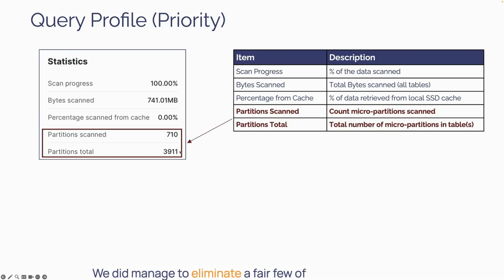We did manage to eliminate a fair few of those, and these are priority statistics. This will give you a really good indicator of how much I/O the query is doing. And for the most part with Snowflake, executing queries quite often are I/O bound, and anything you can do to improve this elimination, in particular by using the workflows, is going to improve your query performance.